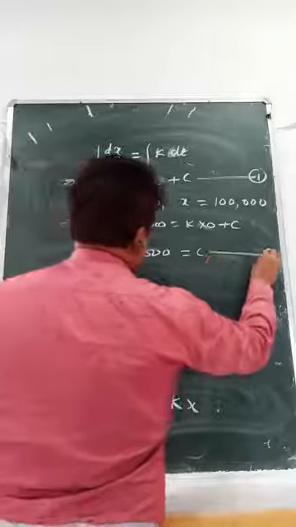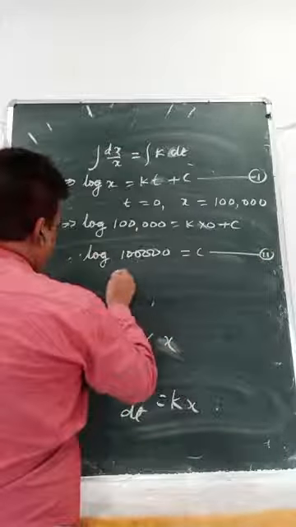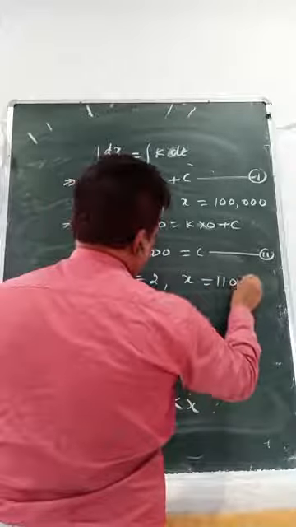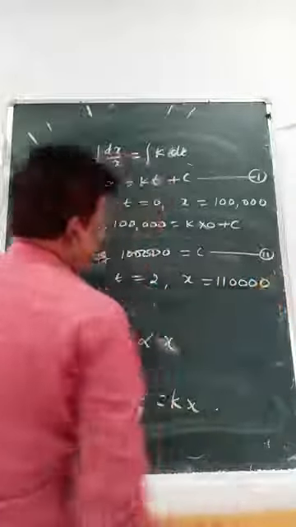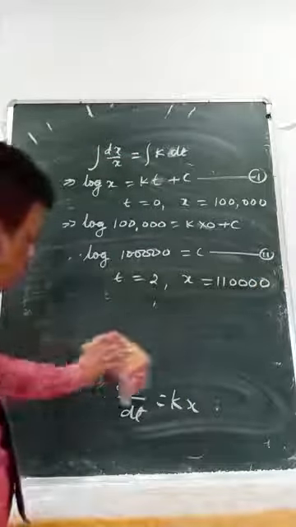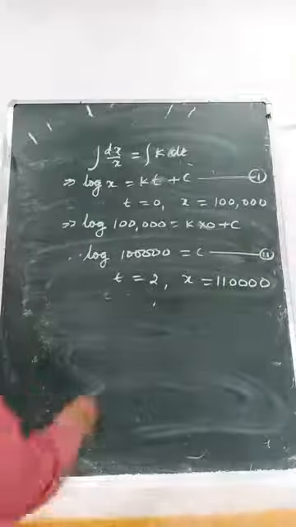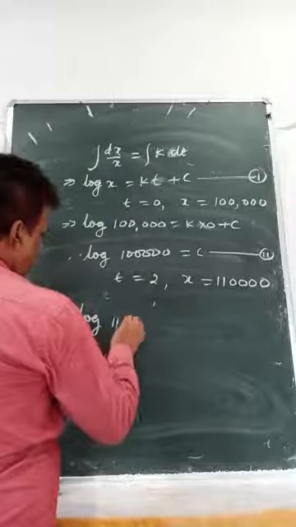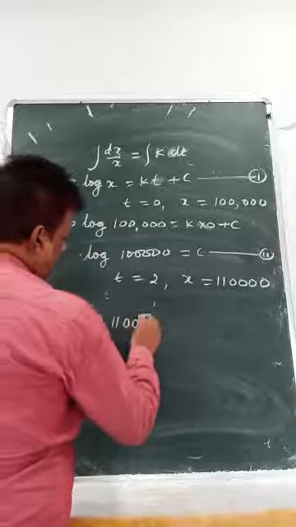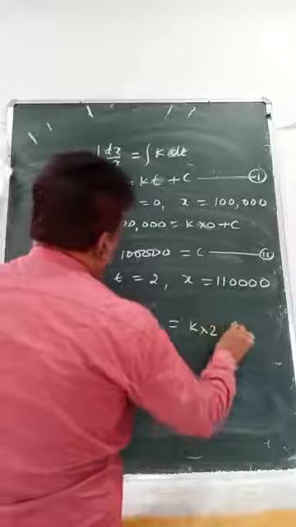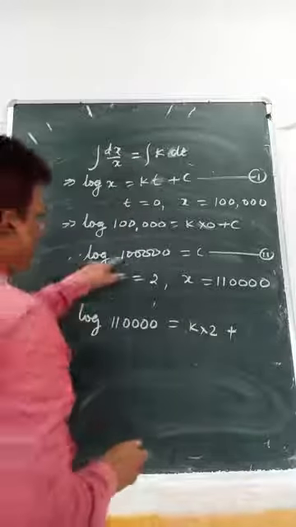Got it. Time is 2, x is 1 lakh 10,000. So put here: log of 1 lakh 10,000 equals k into 2 plus c. C means log 1 lakh.